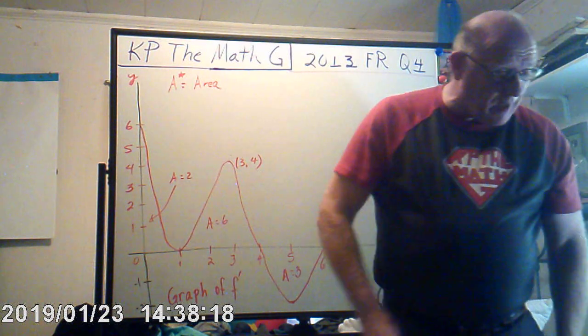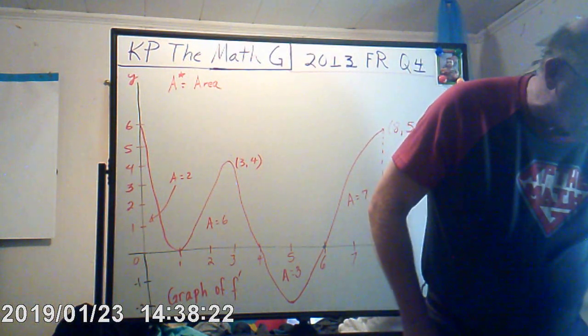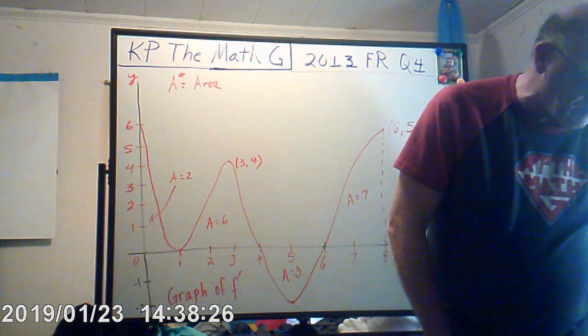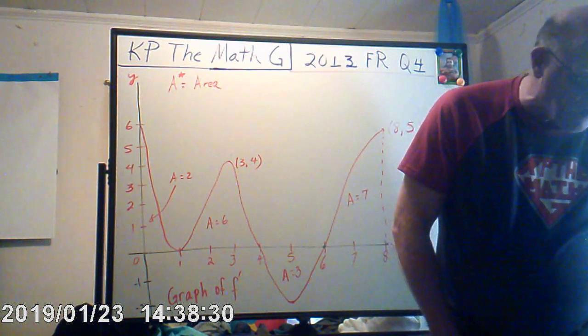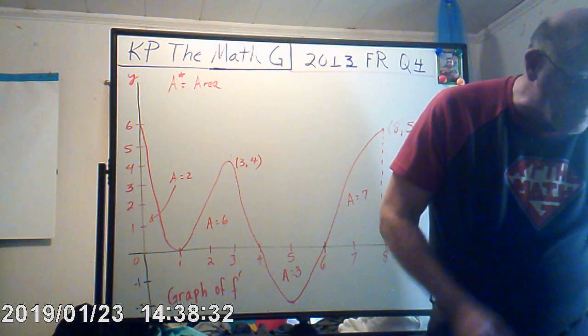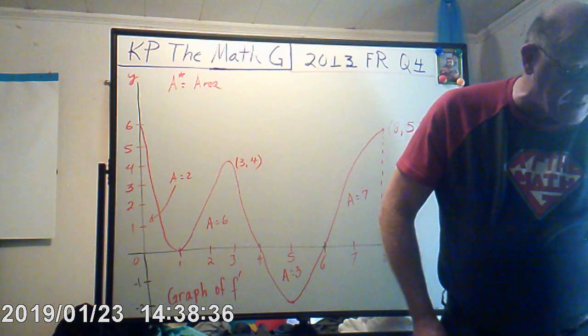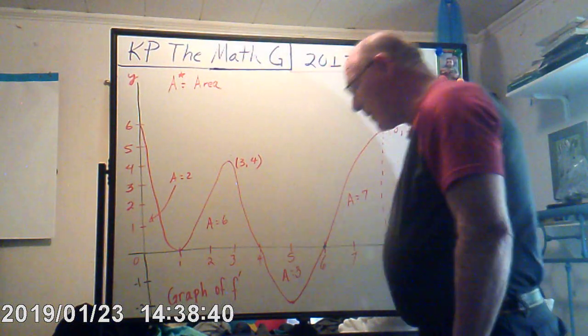Now, let's see what C says. What open intervals contained in the open interval 0 to 8 is the graph of f both concave down and increasing? Well, let's look at that.